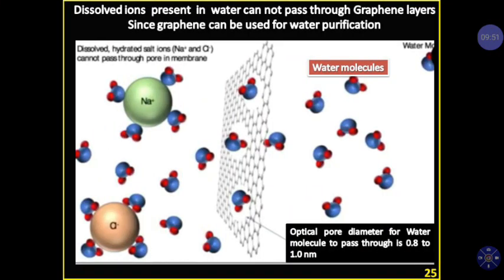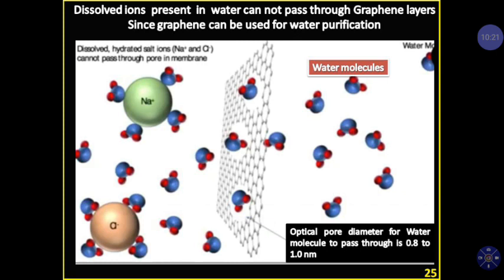Graphene can be used for the purification of water, including ocean water, which is saline, which is salt in nature. It gives 99% pure water. Dissolved ions present in water cannot pass through graphene layer as shown in picture.